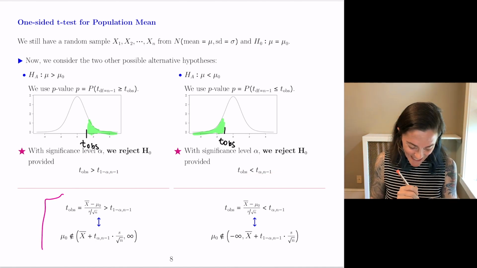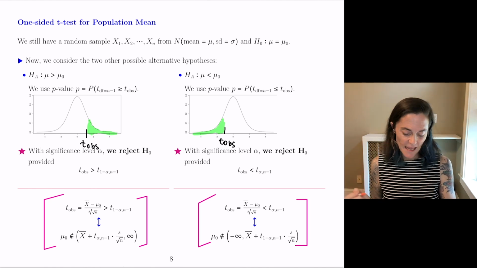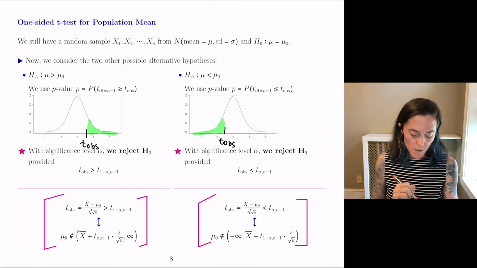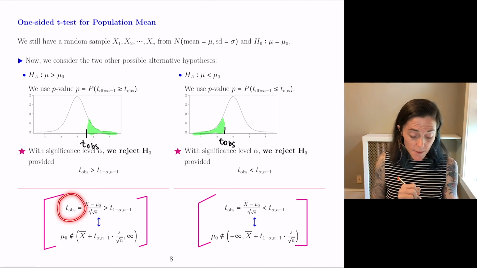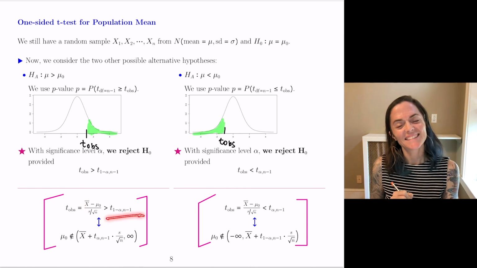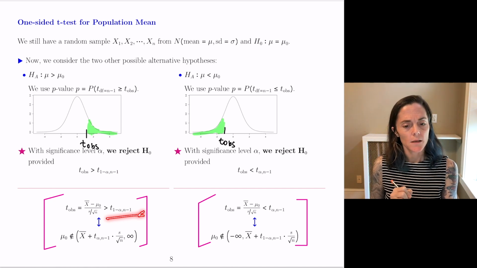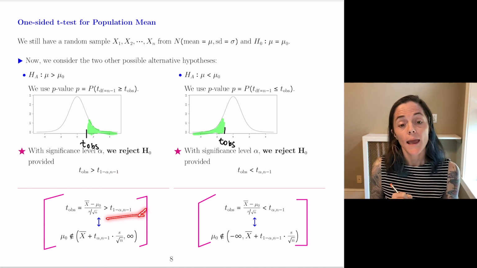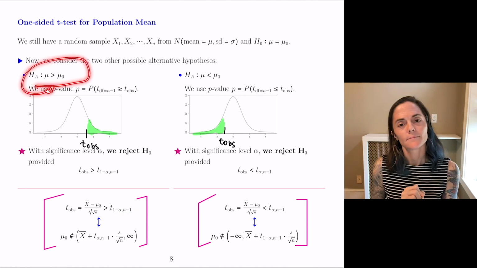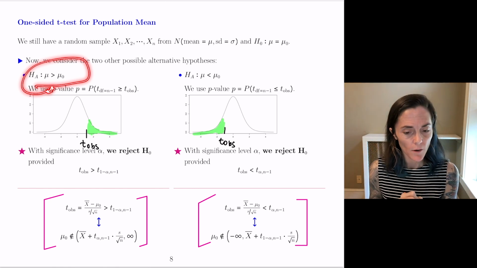And then finally, this discussion at the bottom is about the corresponding confidence intervals. Okay, so if your observed t-statistic is bigger than the 1 minus alpha quantile, in this case, we reject the null. And so we would conclude, in fact, the data suggests the mean is bigger than mu zero.